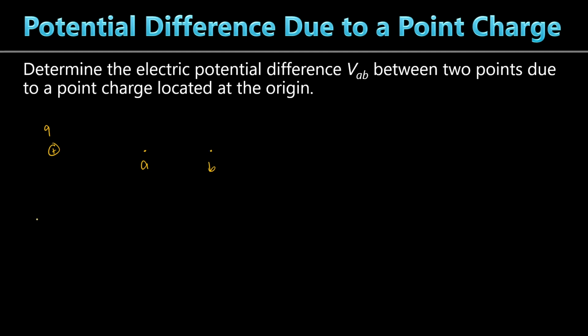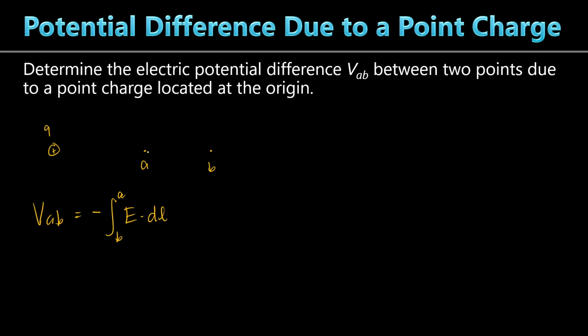Ano nga ulit yung expression for VAB? VAB is equal to negative of the integral of E dot dl from B to A. Ayan. So that means yung test charge ay initially nandito sa B. Dadalhin natin dun sa point A. Ano yung work divided by the charge?